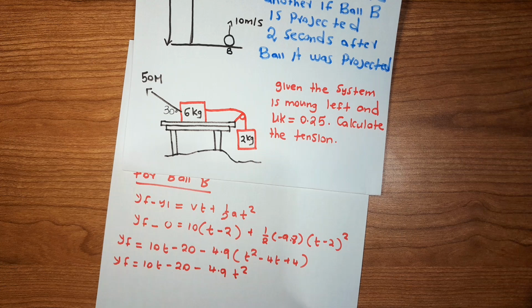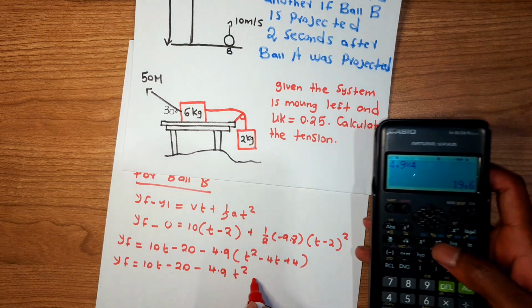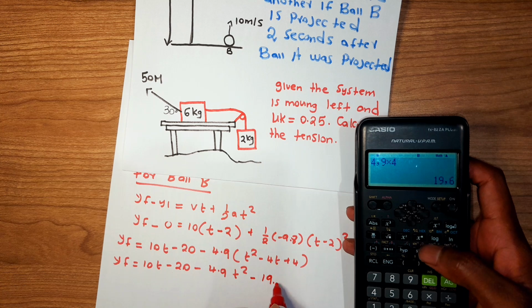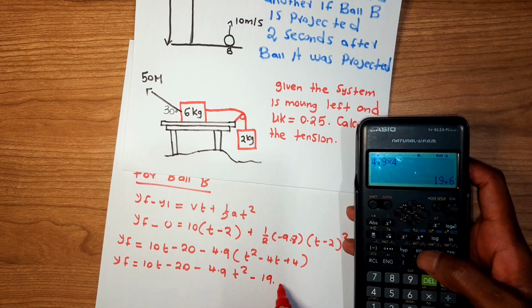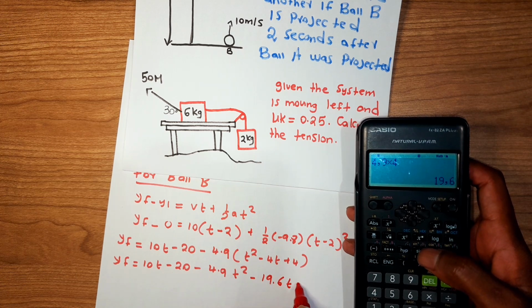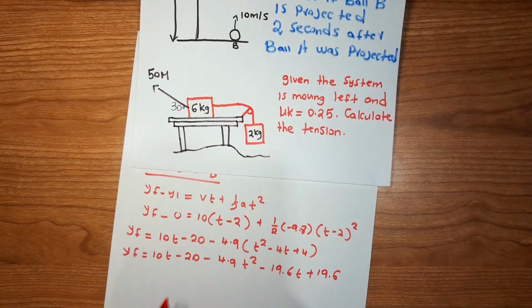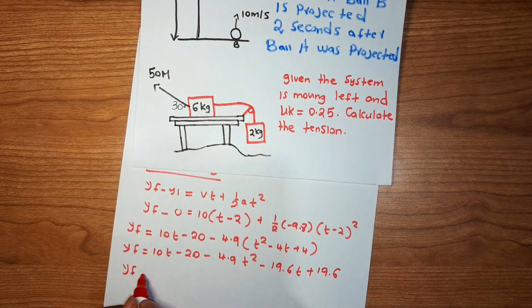What is 4.9 times 4? It's going to be minus 19.6t plus 19.6, right?